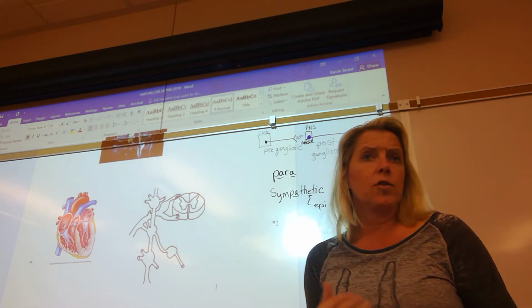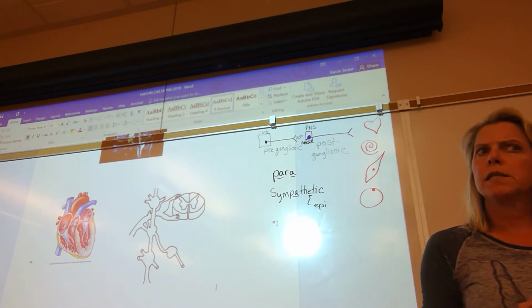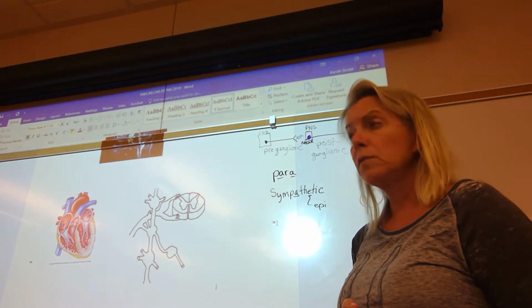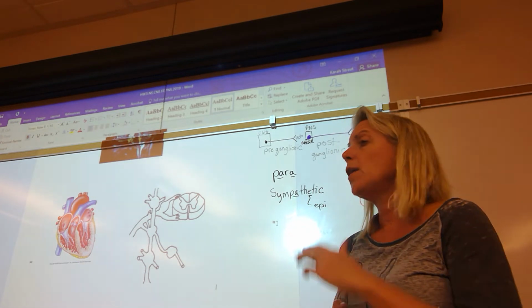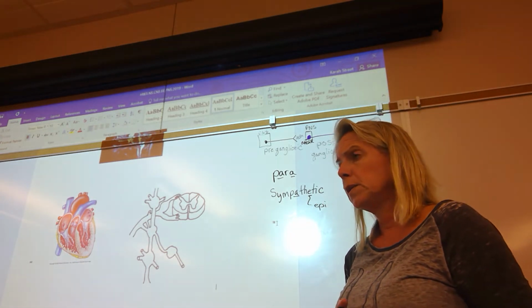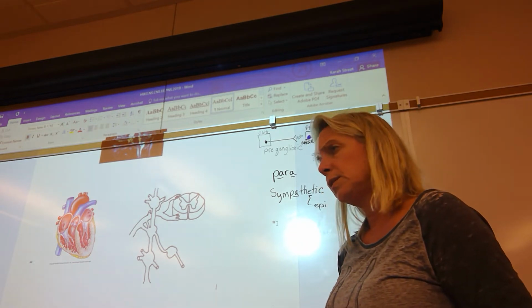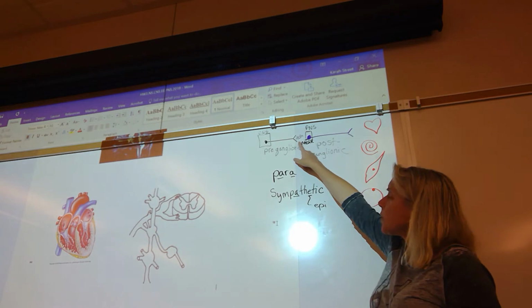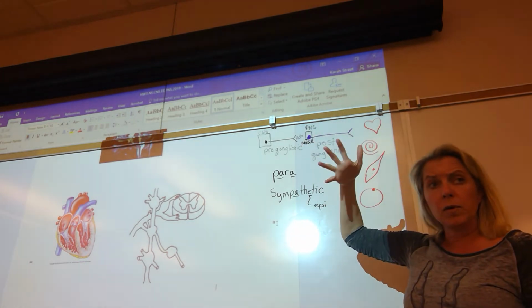Now, in physiology, you learn that there are very different outcomes for epinephrine, norepinephrine, and other examples of catecholamines like dopamine. This is not physiology, this is anatomy. So the first neuron releases acetylcholine for both divisions.